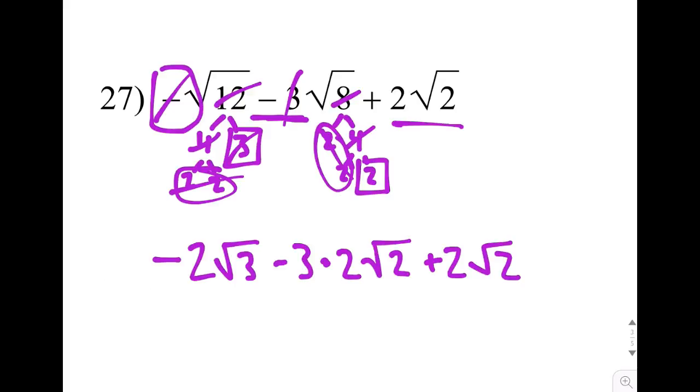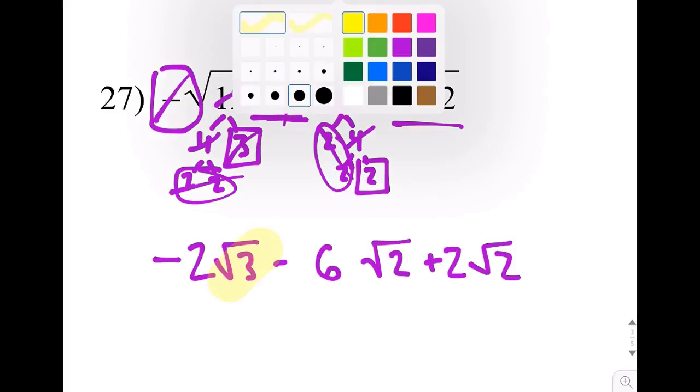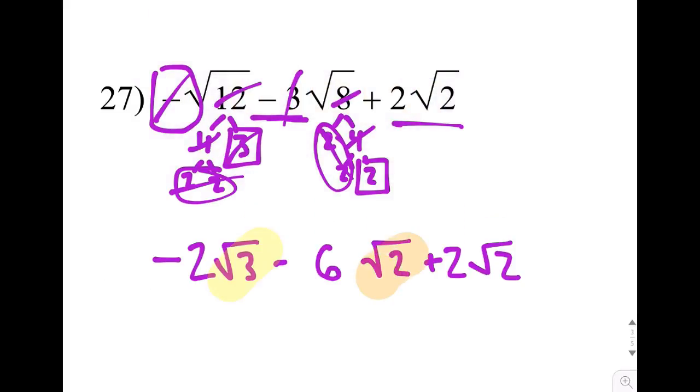When I look at what I have, I can clean up negative 3 times 2 as negative 6. So I'm going to just do that right here. Negative 6. And then I look for common roots. I have my root 3, but then I have my other roots, my root 2.